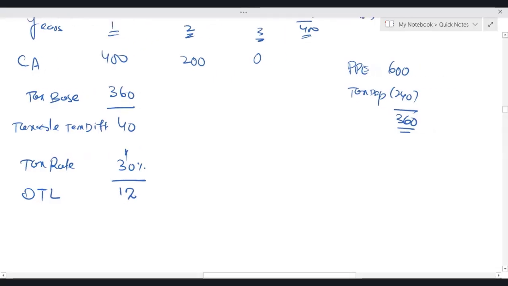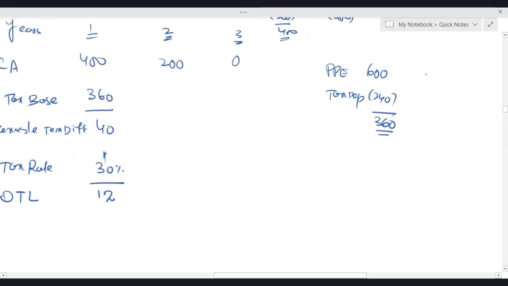Now, go towards the second year. 600. Tax depreciation for the first year is 240, for the second year it is 210. So from 600, if we need to deduct 240 and 210, can I say the tax base will be 50?